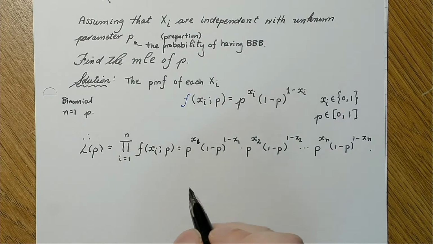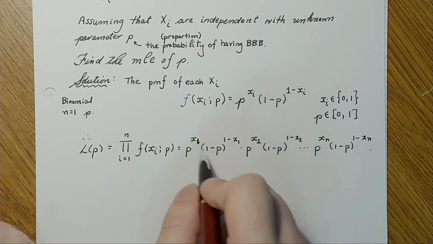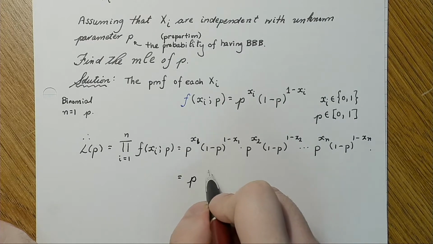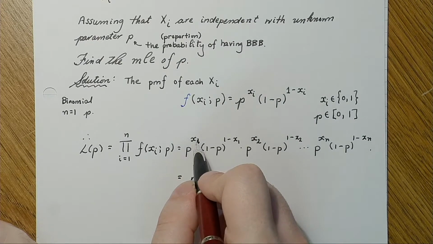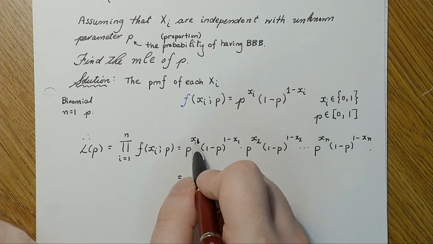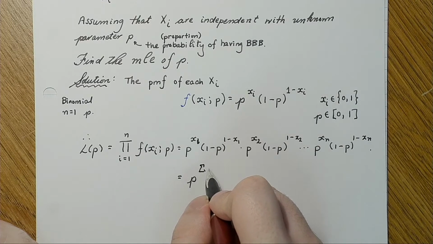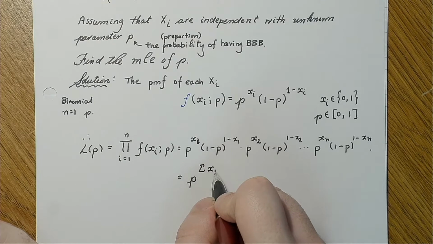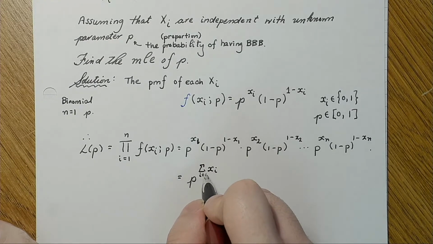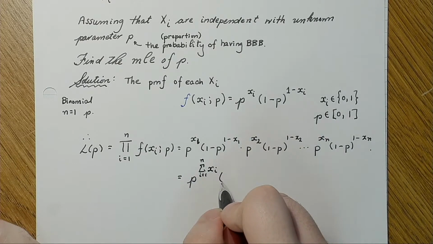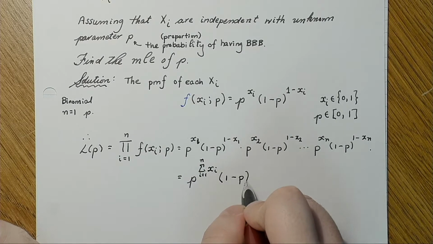And then we can simplify this by summing up the exponents. So I get p, and then we add those up, so x1, x2, all the way up to xn, times 1 minus p.